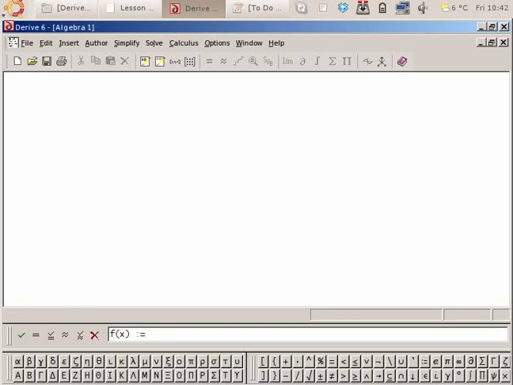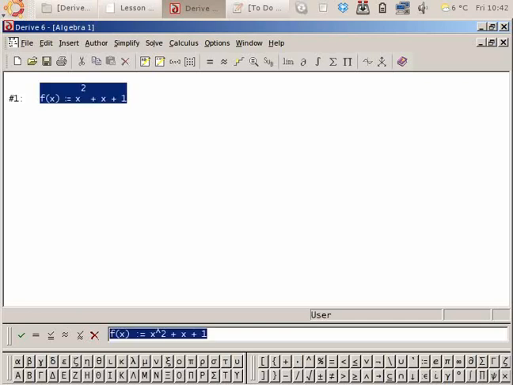And in my example, let's say it's x squared plus x plus 1. So you have f of x colon equals x squared plus x plus 1. So what I've done now is I've made my own function called f of x.